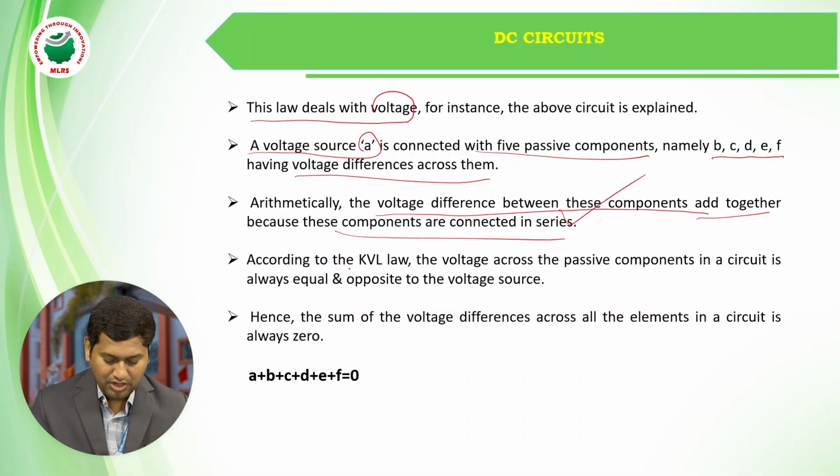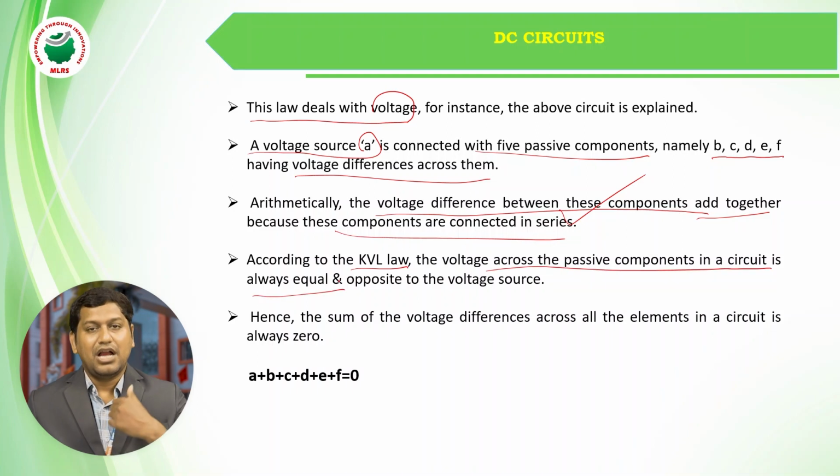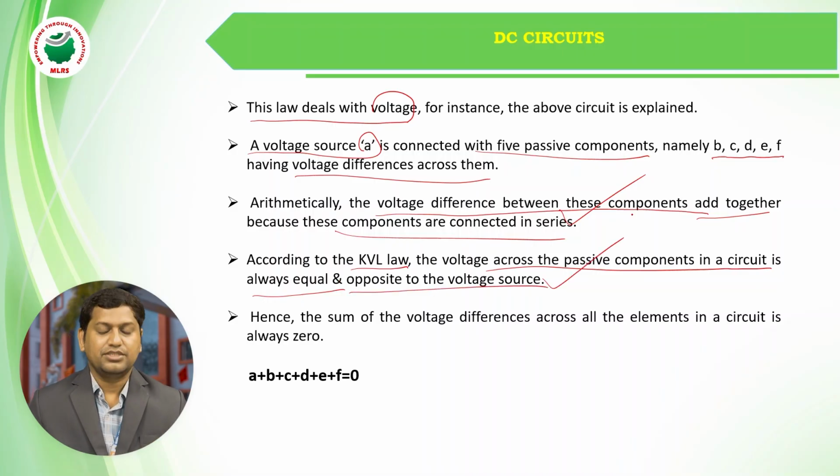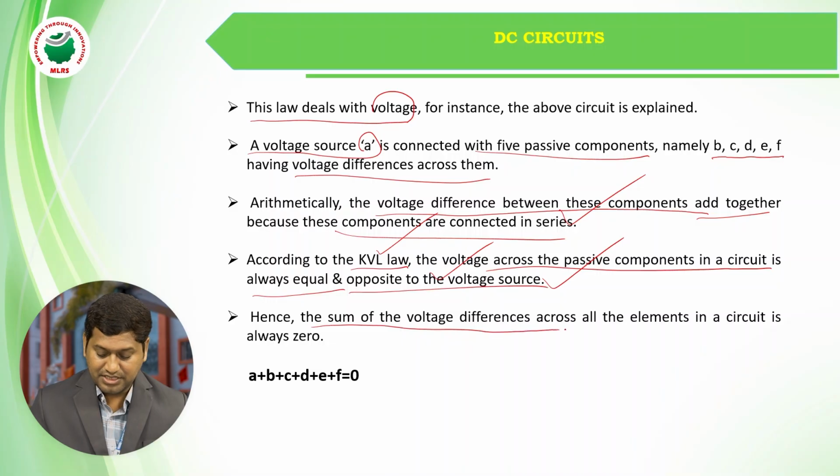But according to the KVL law, the voltage across the passive components in the circuit is always equal and opposite to the voltage source. This point is very important.